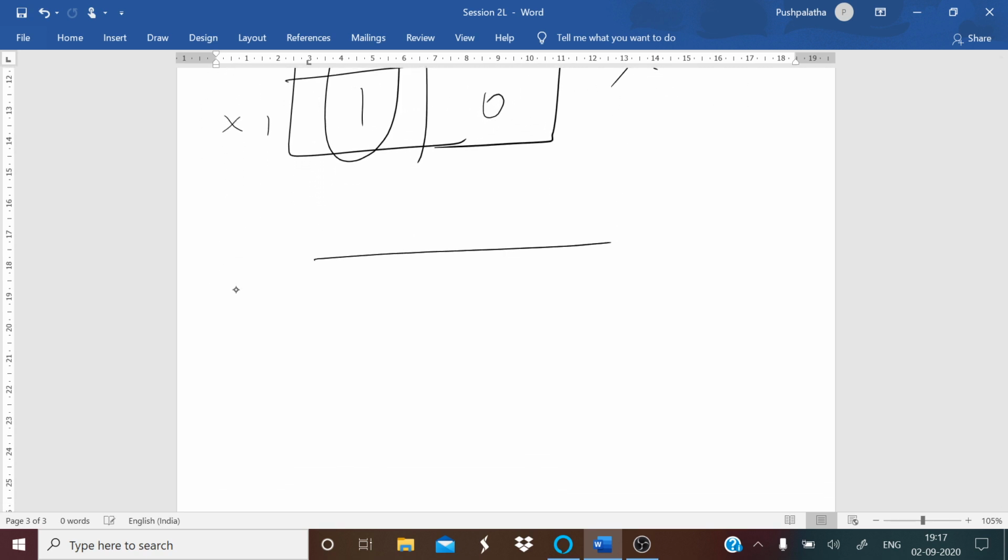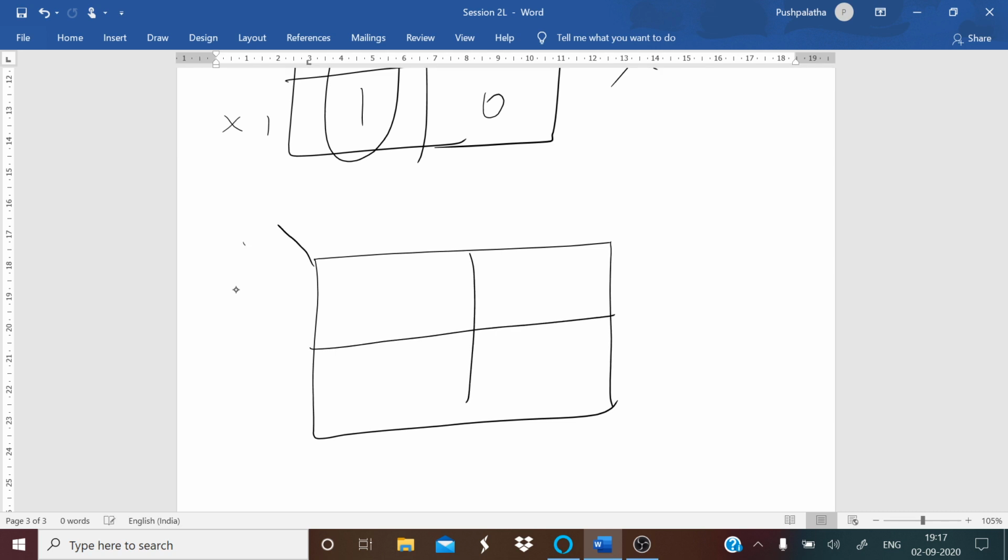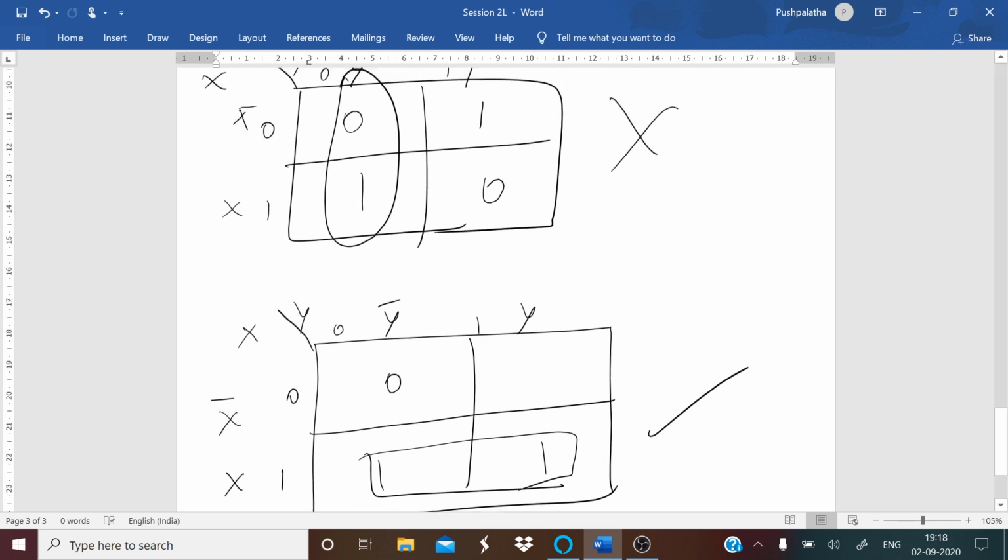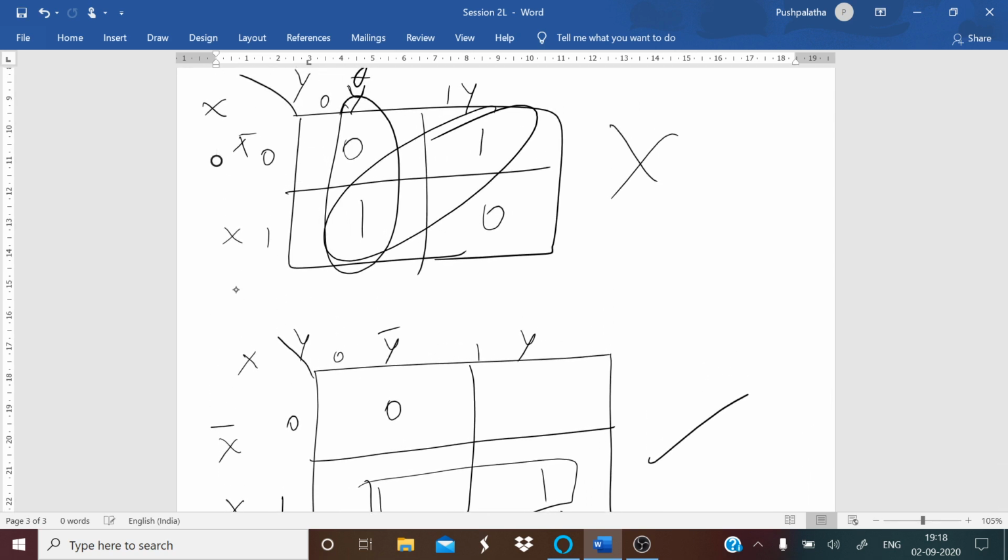How you can group is, if you have 0, 1 and 1 here, these two ones are adjacent to one another, next to one another, then you'll put a box here. That is your grouping. This is the way you are supposed to do. You cannot go for this diagonal also, it is not valid. If you have got 1 over here, then you can do.